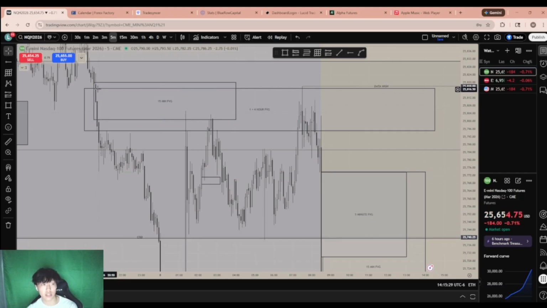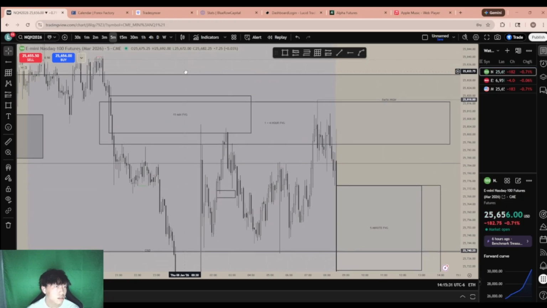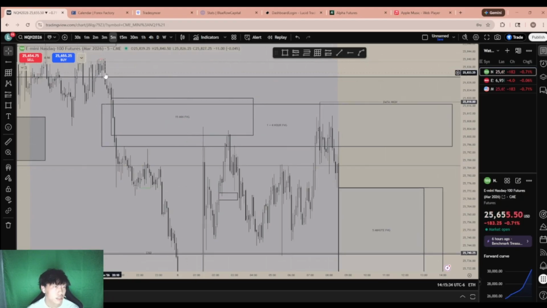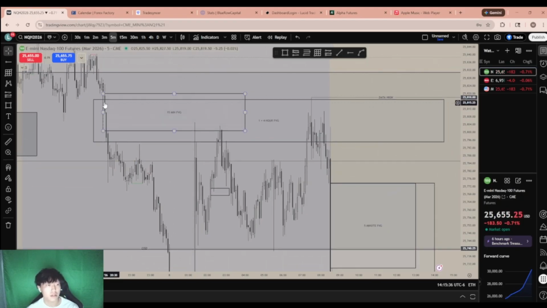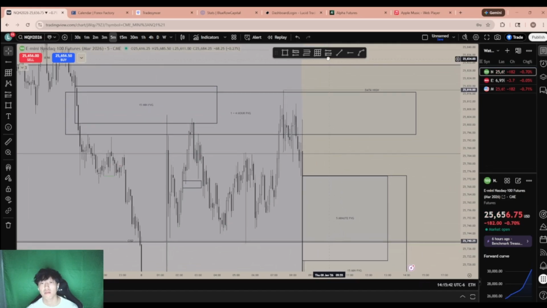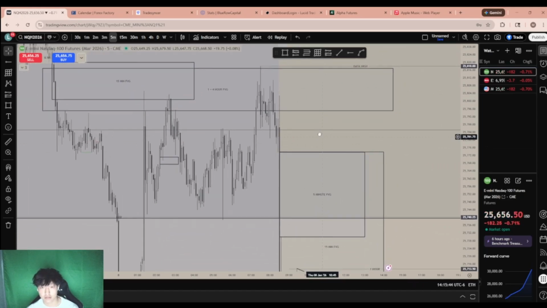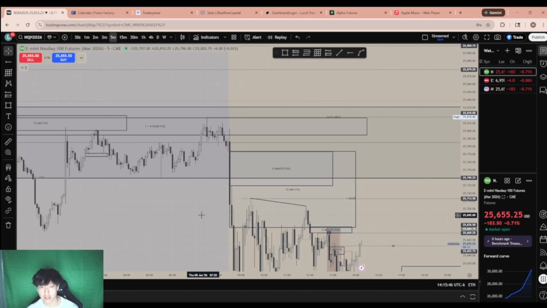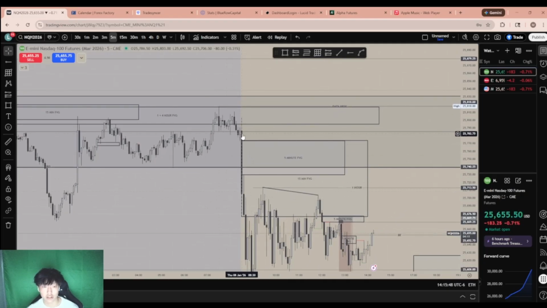This first presented, actually the first presented would be up here, but this unmitigated 5-minute right here, stacked 5 minutes, gets hit with this data high, and then it reverses. Okay, and it also inverses right here.